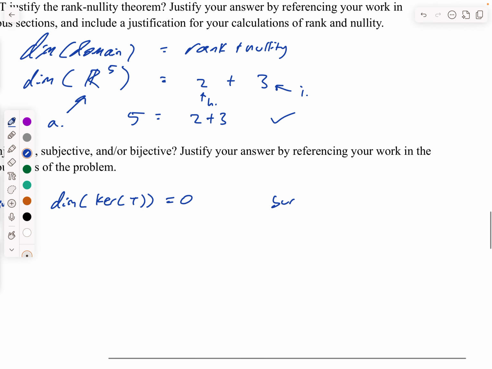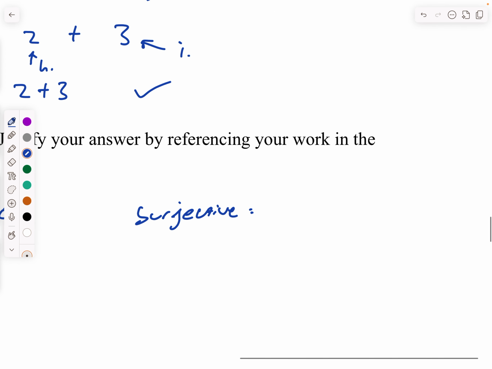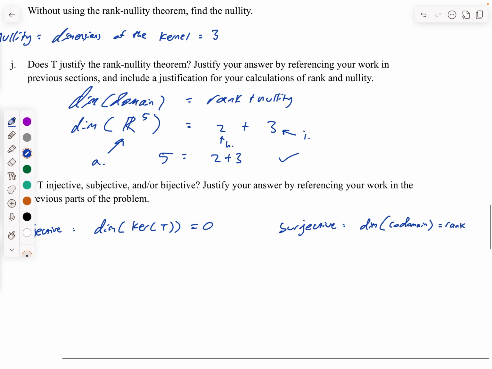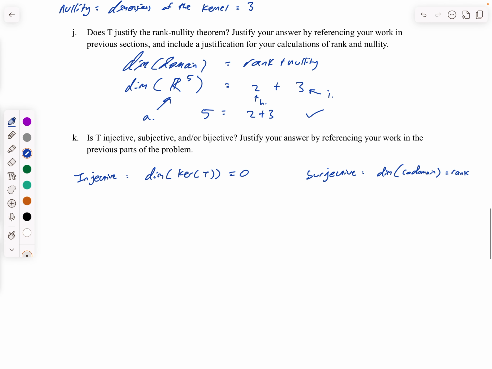And then we'll come back and prove these later. We'll see, so the definition of surjective will be if the dimension of the codomain is equal to the rank. And then the definition for bijective is both injective and surjective.